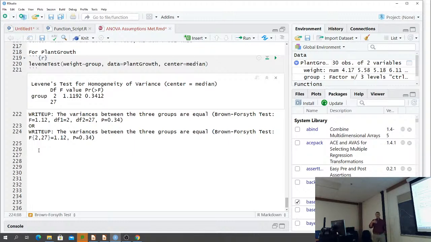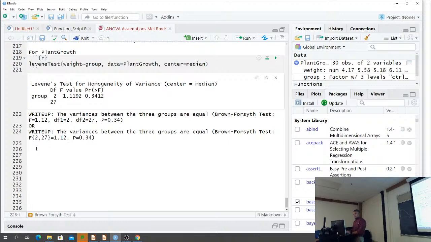So when you asked why I didn't use DF, it was because I put it in the subscript. That was earlier today. Well, here it is again. So F and then subscript 2, 27. That tells me exactly what my degrees of freedom are.